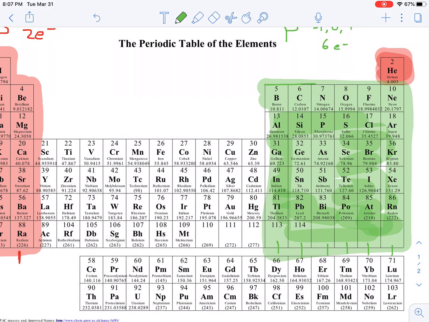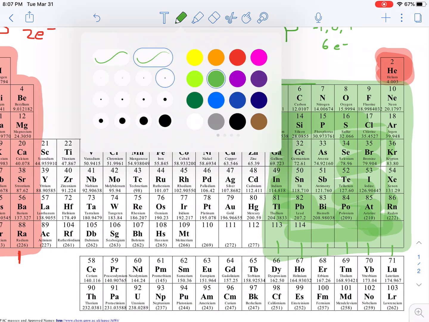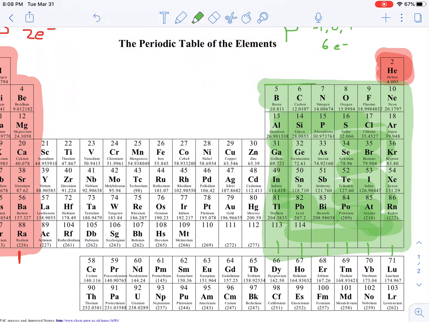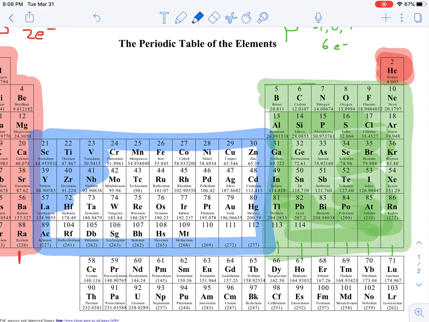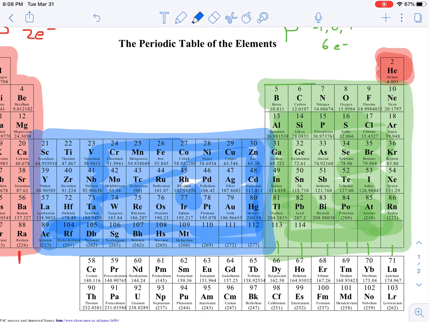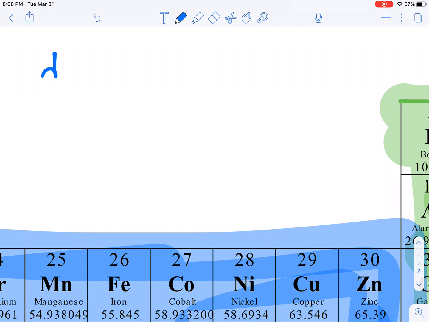So again, no surprise. Let's go blue. Let's find our D area. So this section in the middle is the D sublevel. D sublevel, if you'll remember, has numbers -2, -1, 0, 1, and 2.